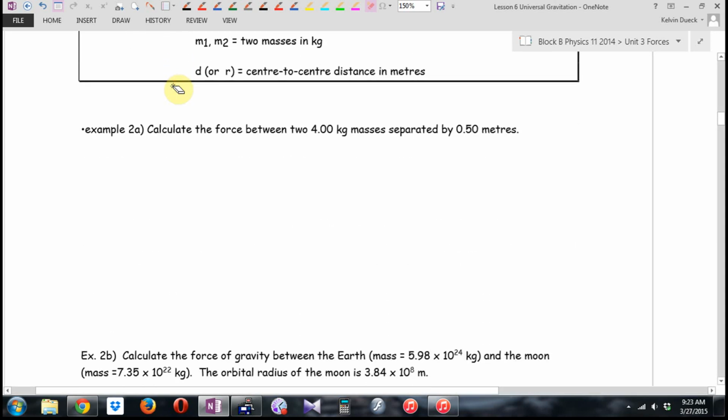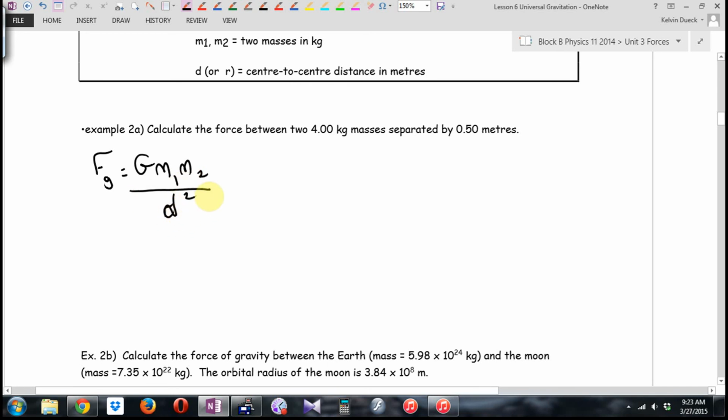Example 2. Calculate the force between two 4-kilogram masses separated by 0.5 meters. The gravitational force of attraction between 4-kilogram masses, that's about 10 pounds, a couple of barbell weights. They do actually attract each other, but it's going to be big G, m1, m2 over d squared.